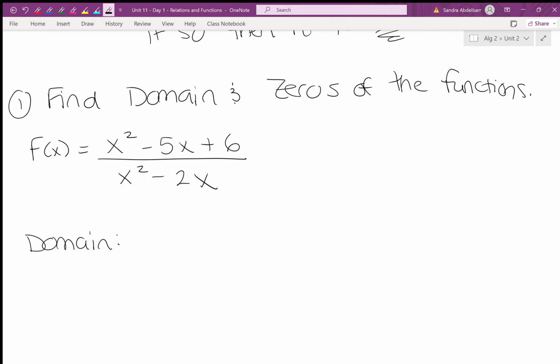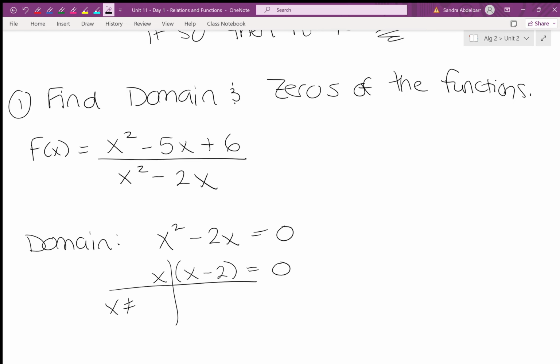Well, when will this denominator equal 0? x squared minus 2x equals 0. I'm going to pull out a GCF of x. So x times x minus 2 equals 0. Is this now factored? Yes. So x cannot equal 0, and x cannot equal 2, because that will make the denominator 0.